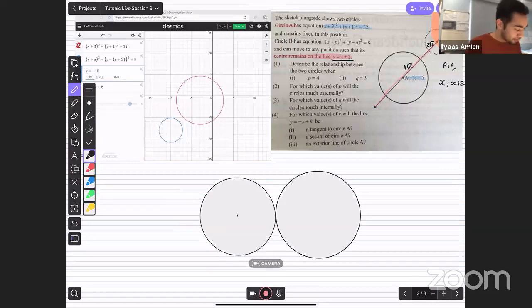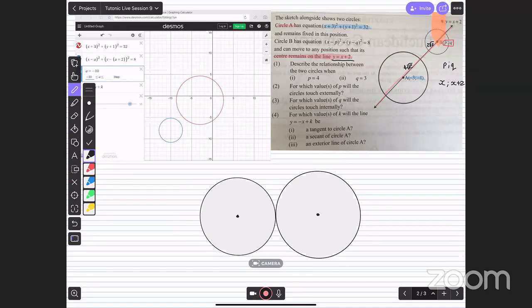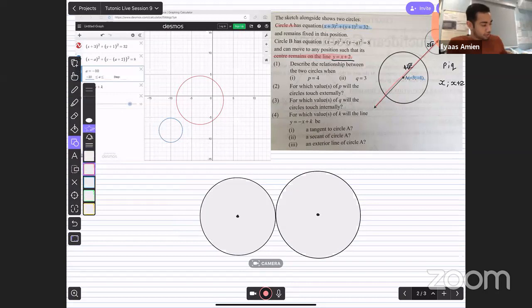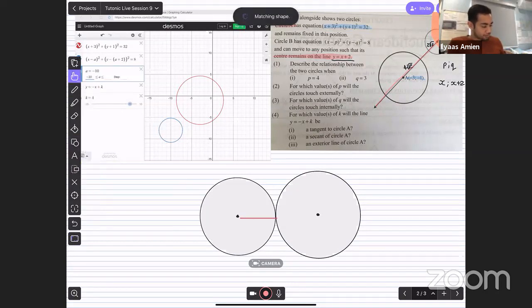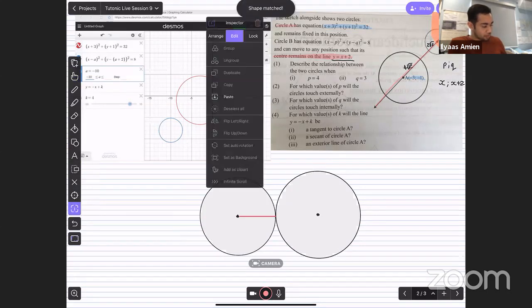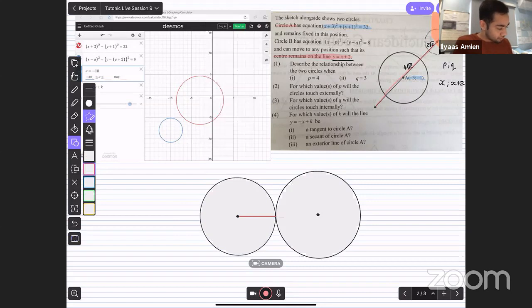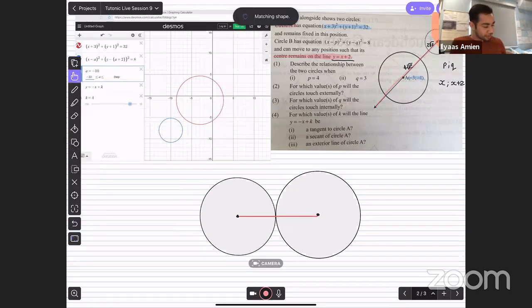Do you guys agree? Here's the center of this circle, here's the center of this circle. If I were to draw a radius, there's my radius. Then I can draw another radius and have it over here. Do you see the two radii?